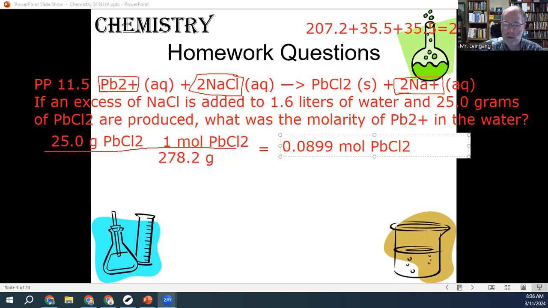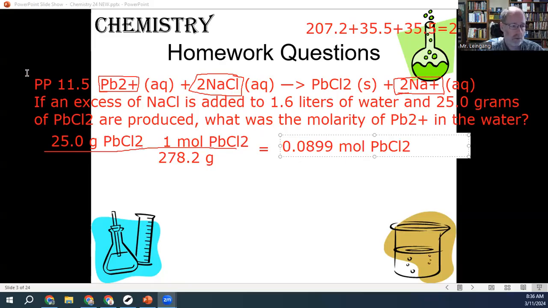All right. So now we're in moles of PbCl2. Where do we go from there? Well, now that we've got the moles of PbCl2, we can actually make the comparison to the moles of Pb, because that's ultimately what we're asked for, right? What's the molarity of the Pb2+?